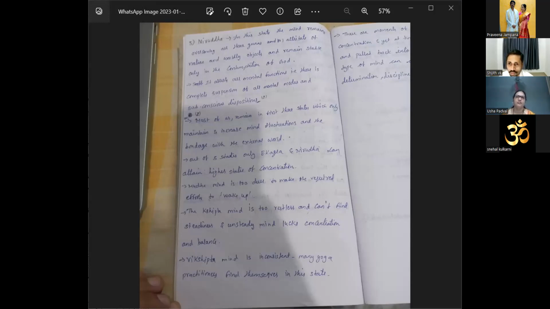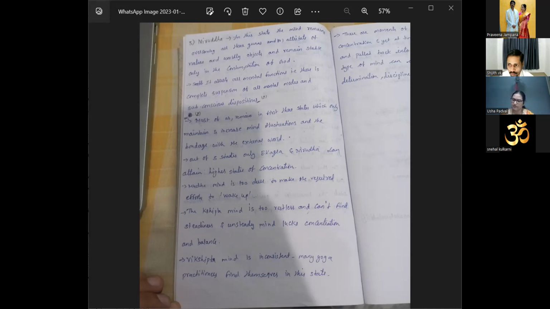See here, in this state the mind overcomes all the three gunas. If you see the first one, Rajoguna is dominated, other gunas are there. The second one, Tamoguna is dominated, other gunas are there. The third one, Sattva and Rajas, the other Tamoguna is also there.